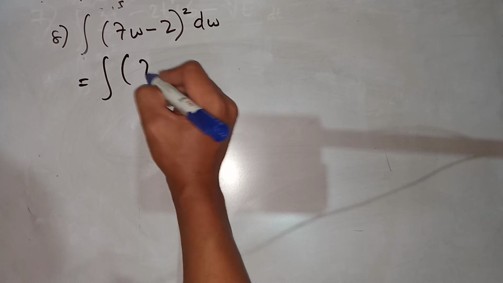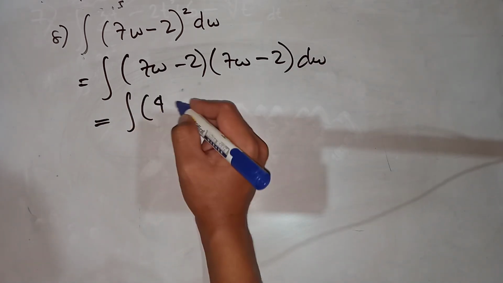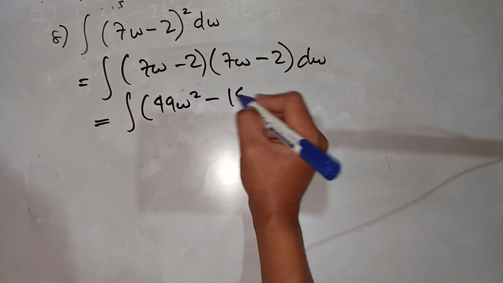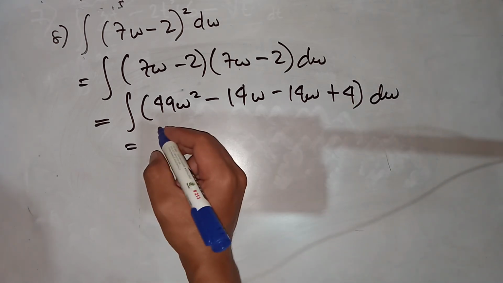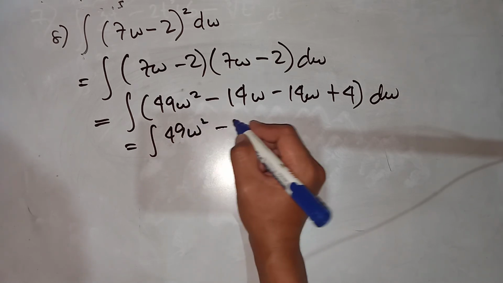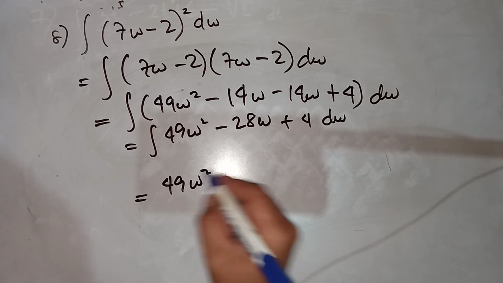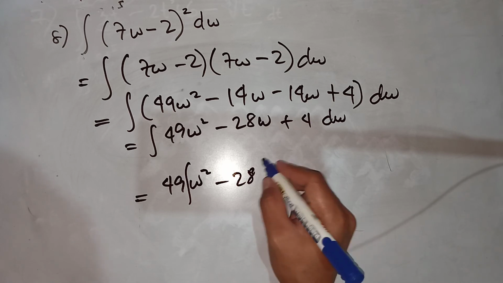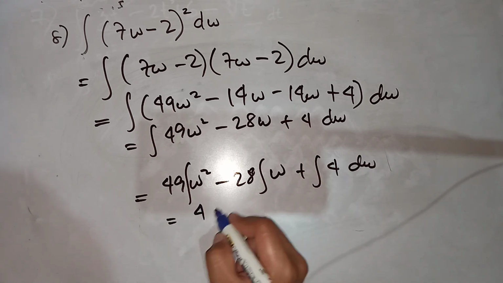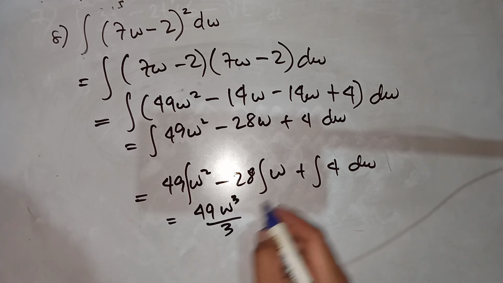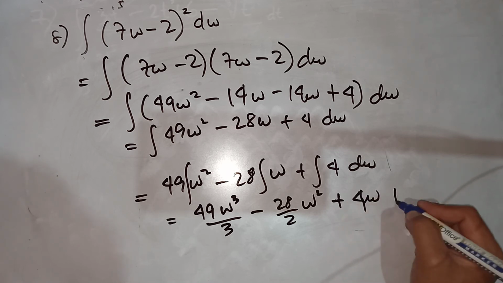Integration of 4 dw is 4w. This becomes 49 w squared minus 14w minus 14w plus 4 dw, which becomes 49 w cubed over 3 minus 28 over 2 w squared plus 4w plus c.